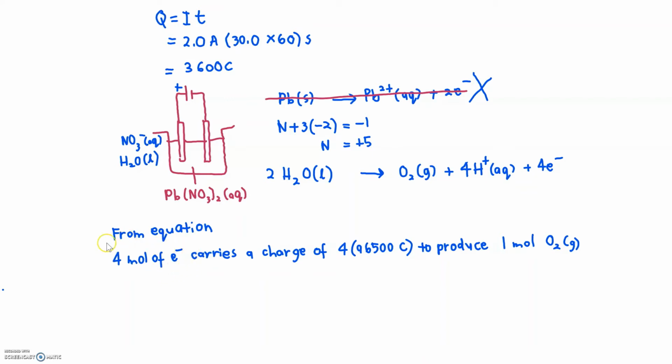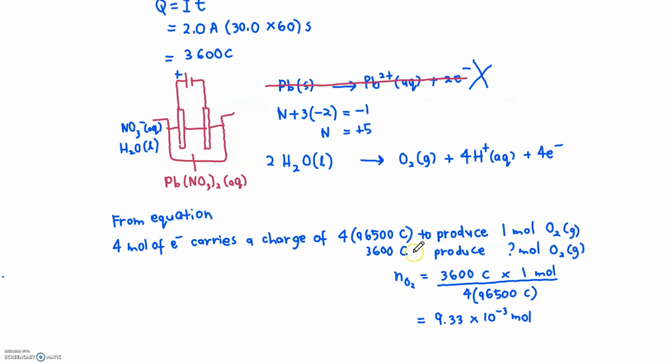So 4 moles of electron carries a charge of 4 times 96,500 coulomb, which produce 1 mole of oxygen gas. This is the actual charge that is involved in the electrolysis. Substitute the actual amount of charge that is involved in the electrolysis to figure out the amount in mole of oxygen gas.